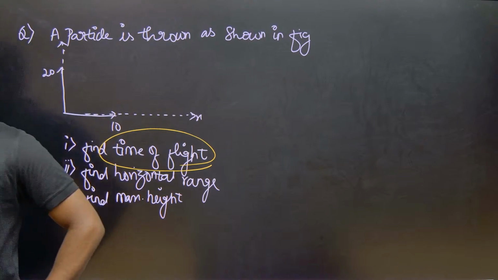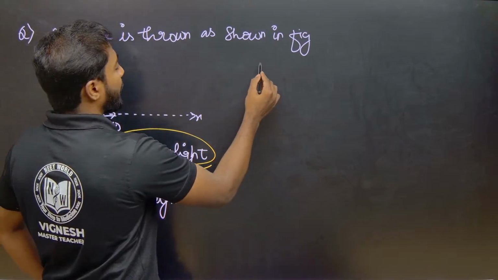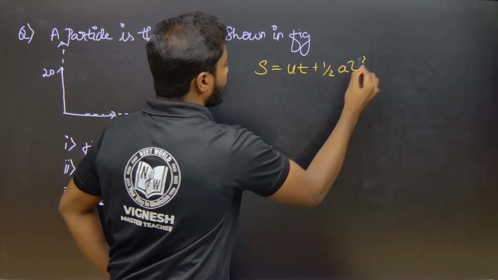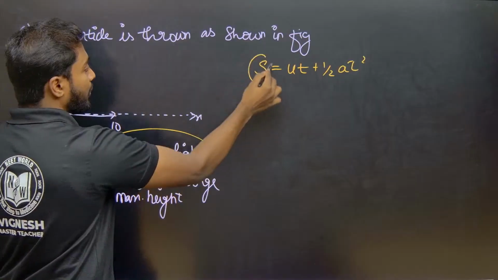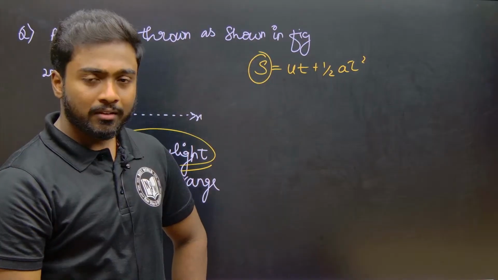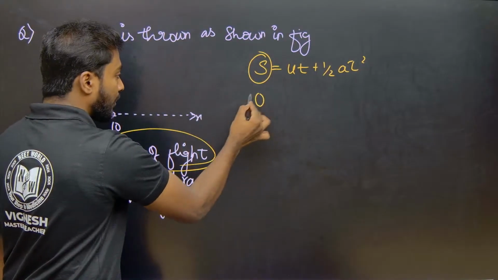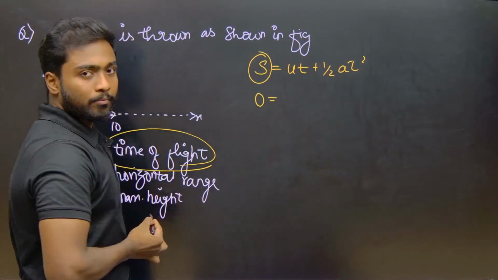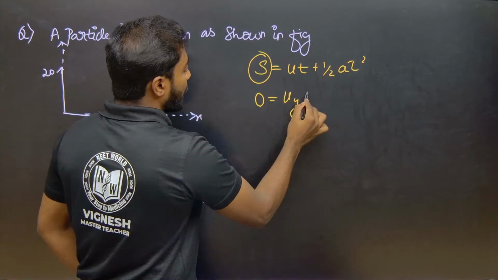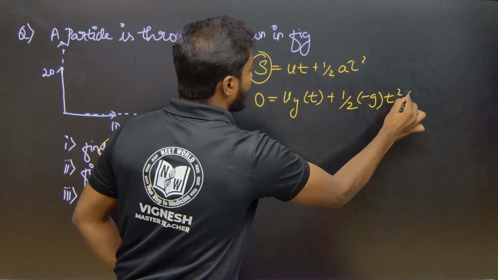Okay, we'll do it. Let me take an equation, S is equal to ut plus half at square. What about S? That is the displacement, right? When I throw an object like this, it will come down to the same height. So what is the displacement of the object? It is 0. I will consider the displacement as 0 equals uy into t plus half into minus g t square.